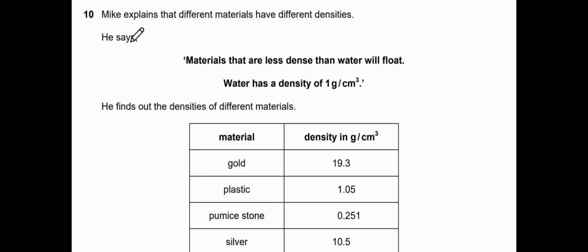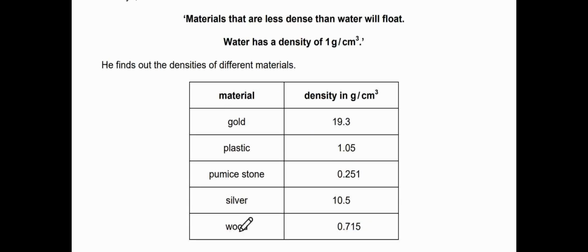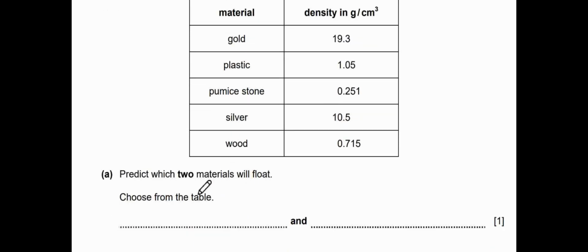Now question 10. Mike explains that different materials have different densities. He says materials that are less dense than water will float. Water has a density of 1 gram per cm³. He finds the densities of different materials, given in the table: gold, plastic, pumice stone, silver and wood. Question A. Predict 2 materials that will float.